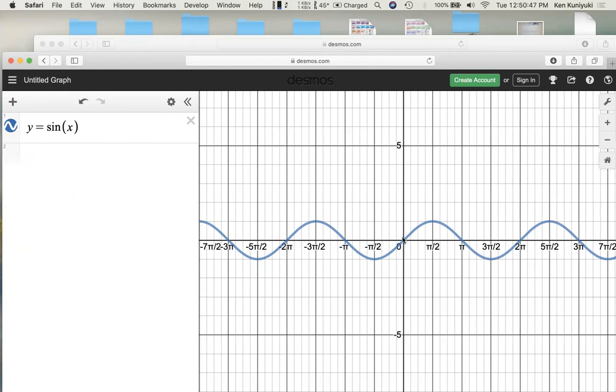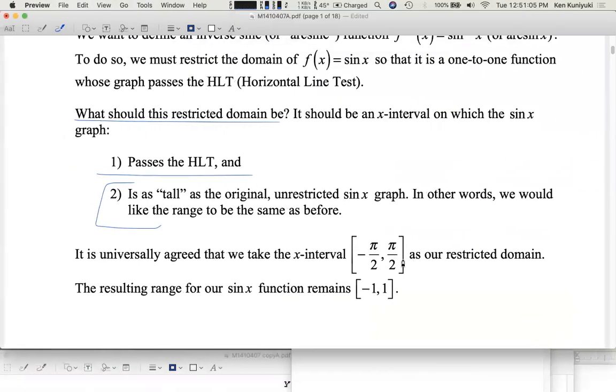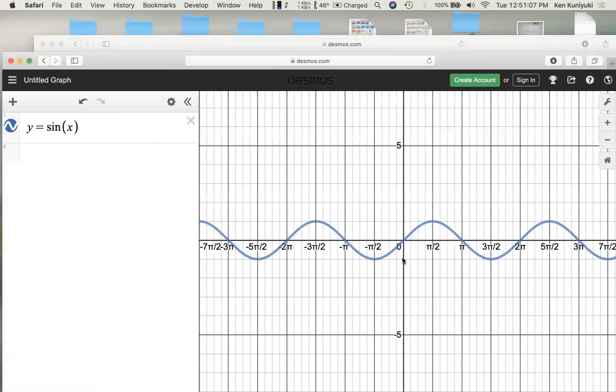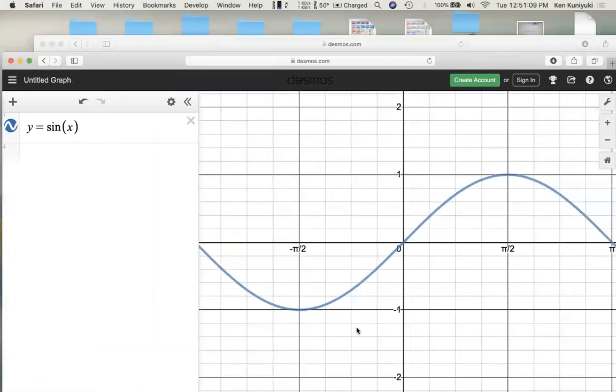We would like something bigger than just a point. We would like something as tall as the original graph that has the same range, but a piece of the graph that will pass the HLT. So we want a piece of this sine wave that's as tall as the original graph. It has the same range, but passes the horizontal line test. Now, we all agree across the planet that we start at this point, negative pi over 2, comma negative 1.